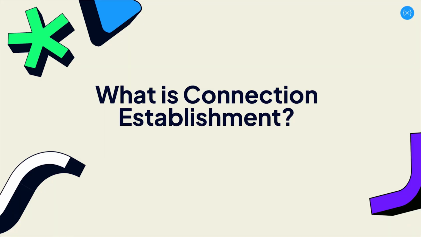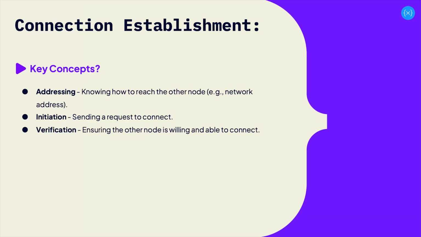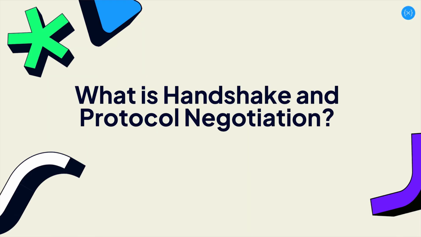The next section is connection establishment. Establishing a connection involves initiating contact between two nodes. This usually requires addressing, so knowing how to reach the node, the IP address; initiation, so sending the request to connect; and then verification, so ensuring that the other node is willing and able to connect. The next section is handshake and protocol negotiation.